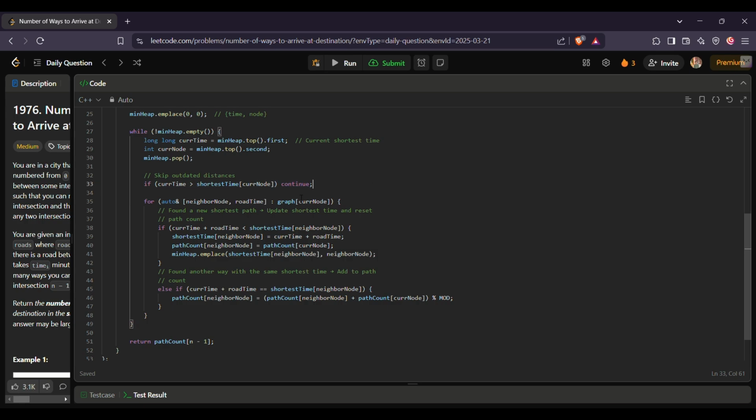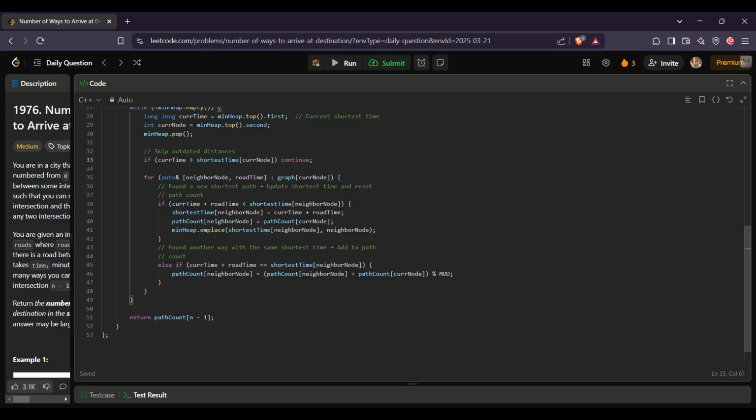Basically we skip the iteration and move to the next iteration. Otherwise we take the node from the graph, and every time we find a new shortest path, we update the shortest time and reset the path count.